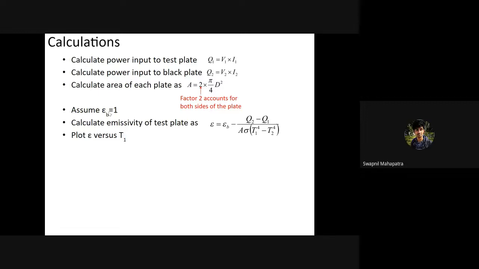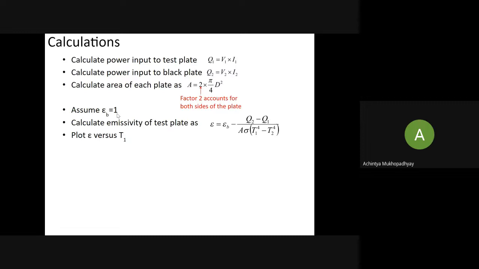If you have to put a correct estimate of this, then you have to do the same experiment in a vacuum chamber, so that all the heat transfer will actually be from radiation only, and you get the value of epsilon b.